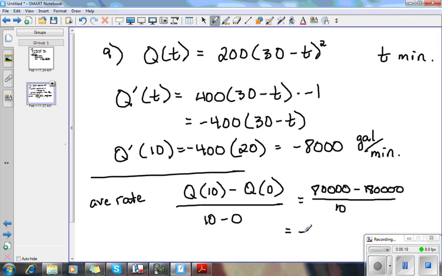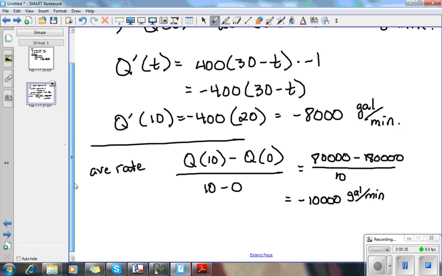So I get negative 10,000 gallons per minute. Let me look at the question again: the average rate at which the water flows out during the first 10 minutes.